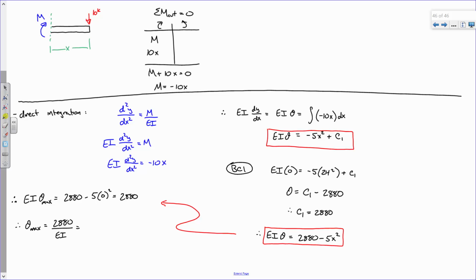So what do we have? We have 2880, and then what was E? 4,000. And I is 8,000. And this is a rotation, right? So I propose for a rotation, throw in your 144, throw in your 180, throw in your pi.